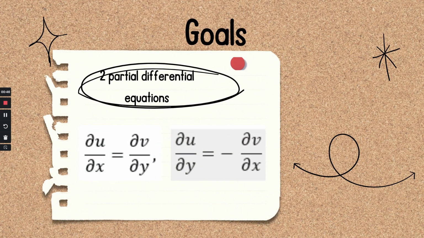The goal is we need to fulfill the two partial differential equations. First, du over dx is equal to dv over dy. And the second equation is du over dy is equal to negative dv over dx.